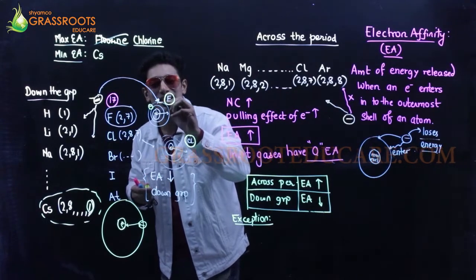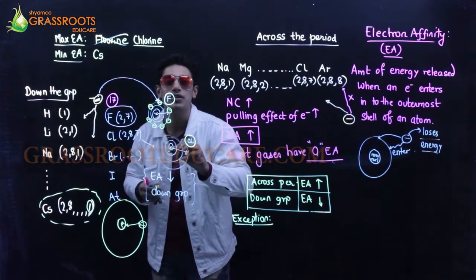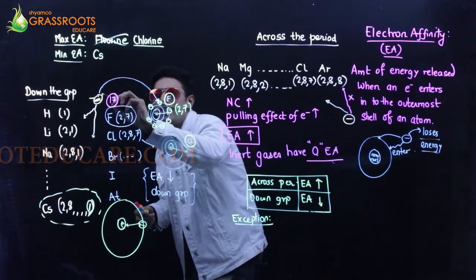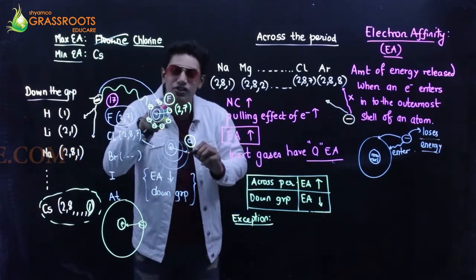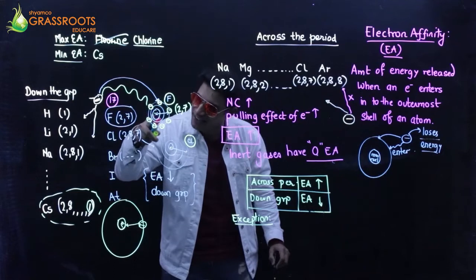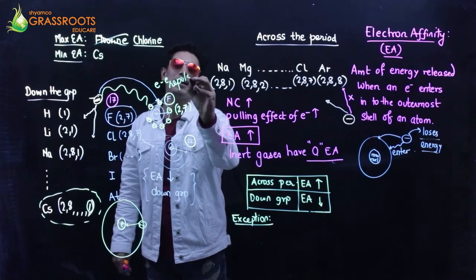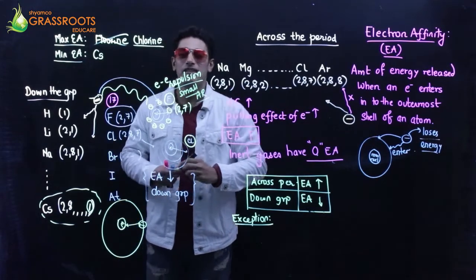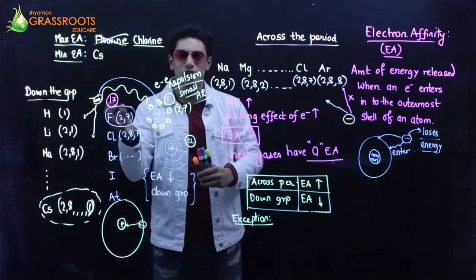The atomic radius is very small. And already there are 7 electrons sitting in the house. Fluorine is 2, 7. There are already 7 electrons present. So when this electron flows, the other children are nasty ones. They don't let this electron enter. There is no place because of electron repulsion and because of a small atomic radius. So this is a problem. The atomic radius of fluorine is small. Yes, mother calls the son with pure love.